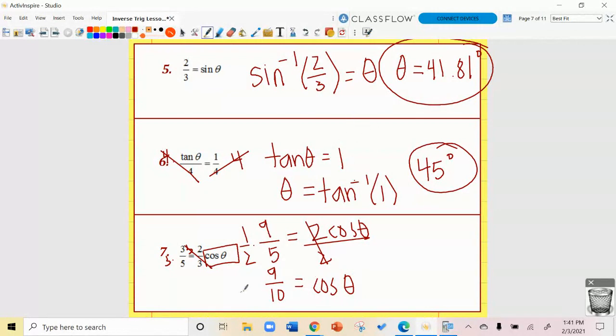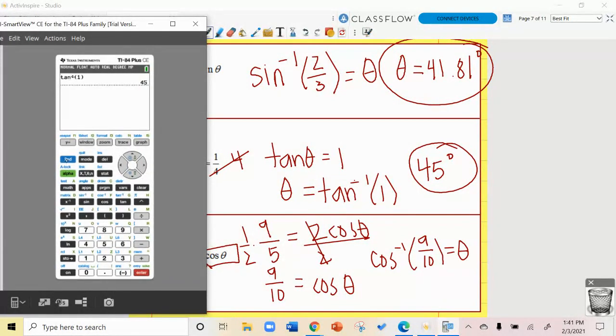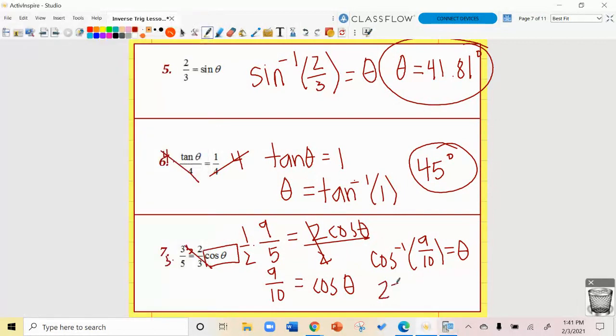And then I'm going to take the cosine inverse of both sides. So cosine inverse of 9/10 is going to equal theta. And then I will go into my calculator. Second cosine of 9 over 10, and I get 25.842 degrees.